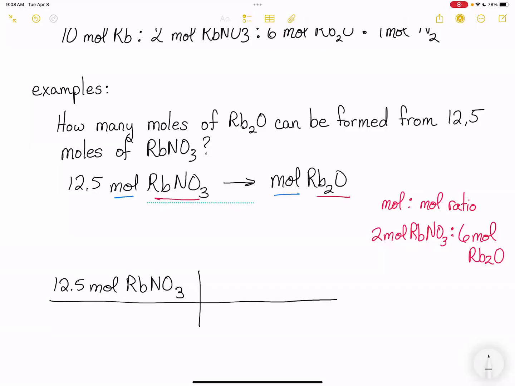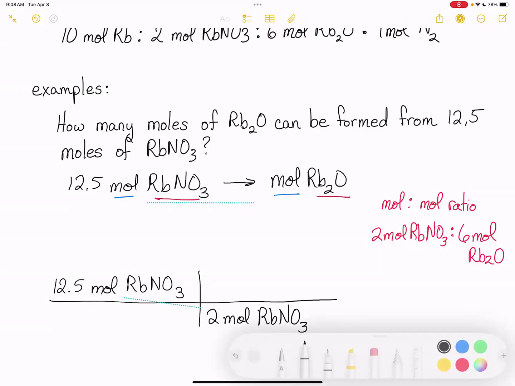And our conversion factor is going to be the mole to mole ratio. Of that mole to mole ratio, we're going to place 2 moles of rubidium nitrate in the denominator so that our unit and substance will cancel out.